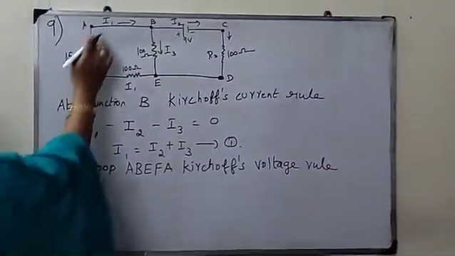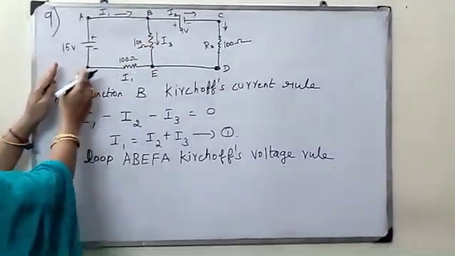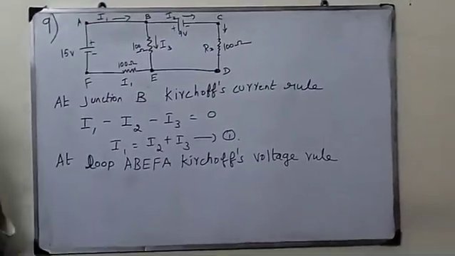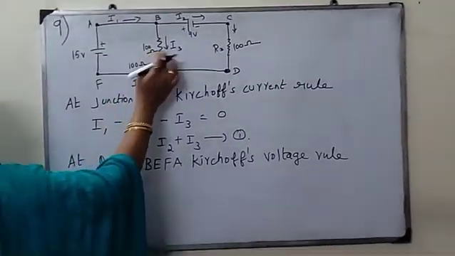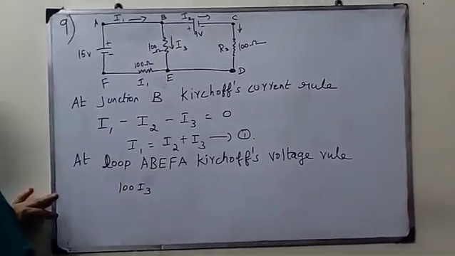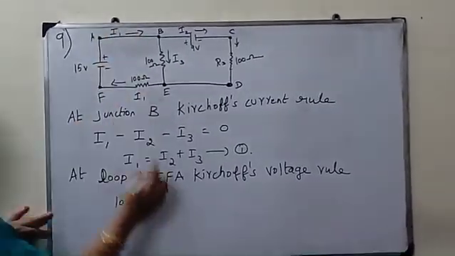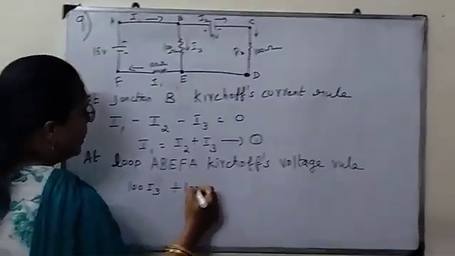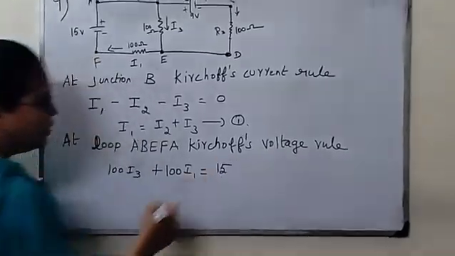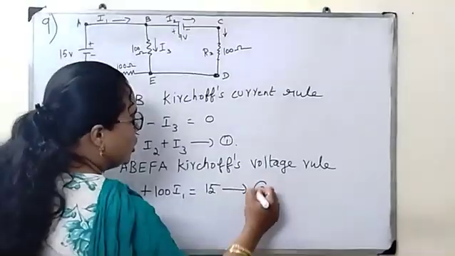So A, B, E, F, A means everything should point towards A. Whichever is towards A can be considered as positive. So you just see 100 I3. Then next one 100 I1, because I1 is also going like this only. So plus 100 I1 equal to, here you have 15 voltage, so that value itself you can substitute. So this one you can consider as equation 2.